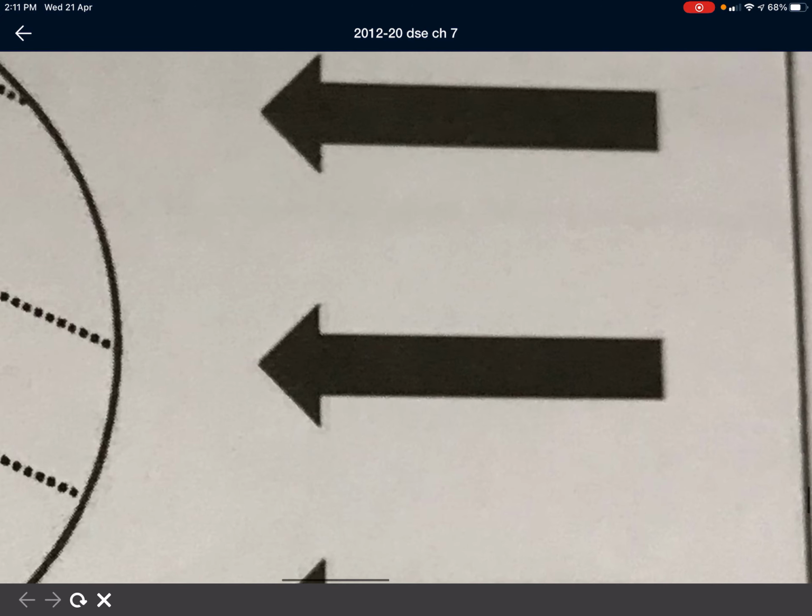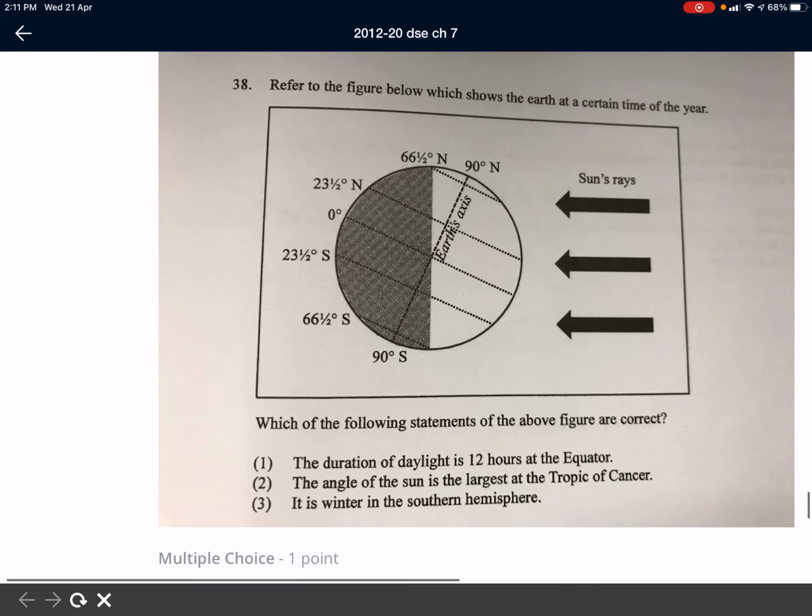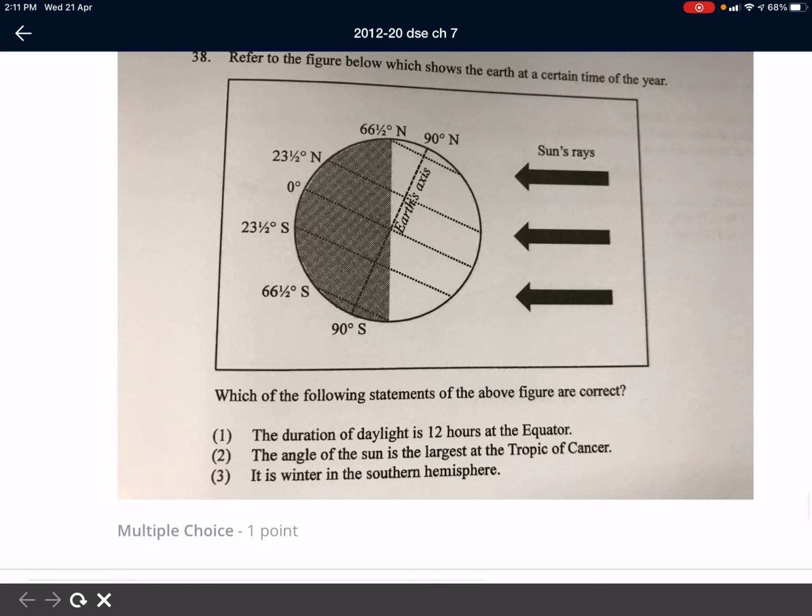The overhead sun is striking the 23.5 degree latitude. But is the overhead sun what determines that daylight is 12 hours?